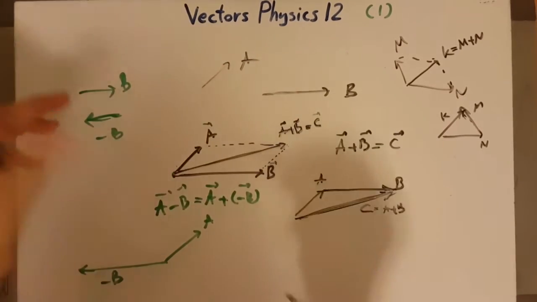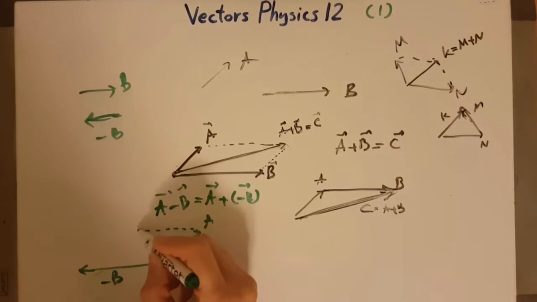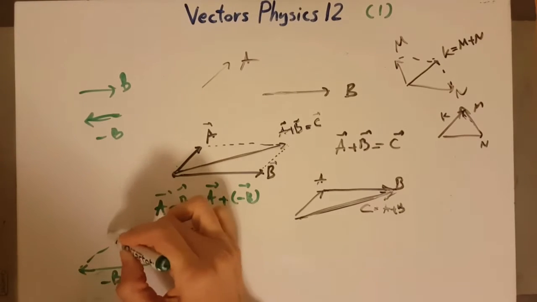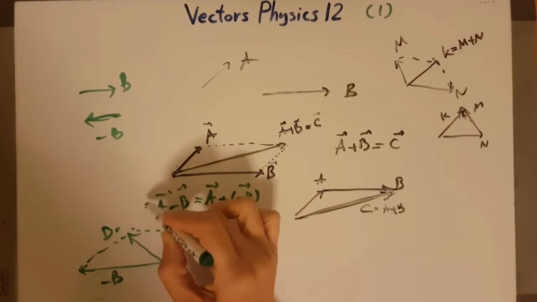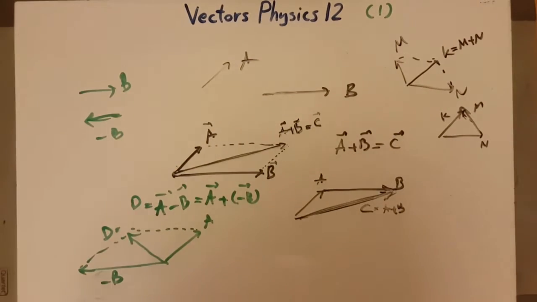With the same magnitude, just the opposite direction. Then you add them together, and this would be, let's call it D, which equals A minus B.